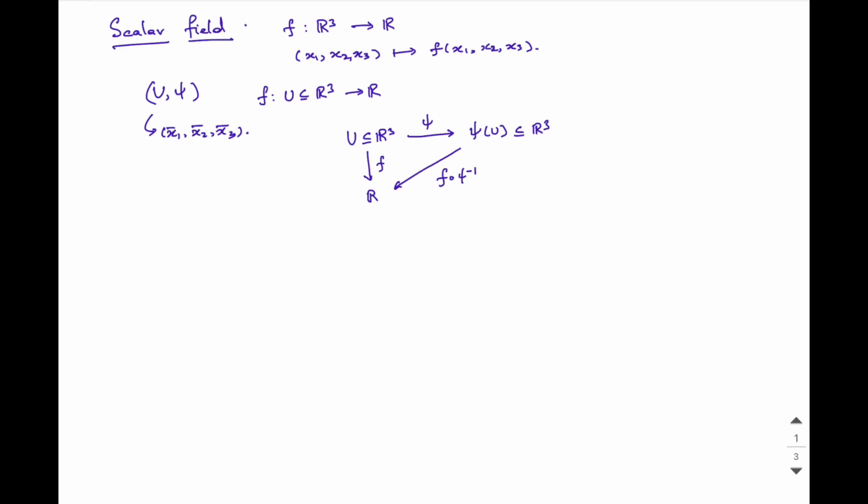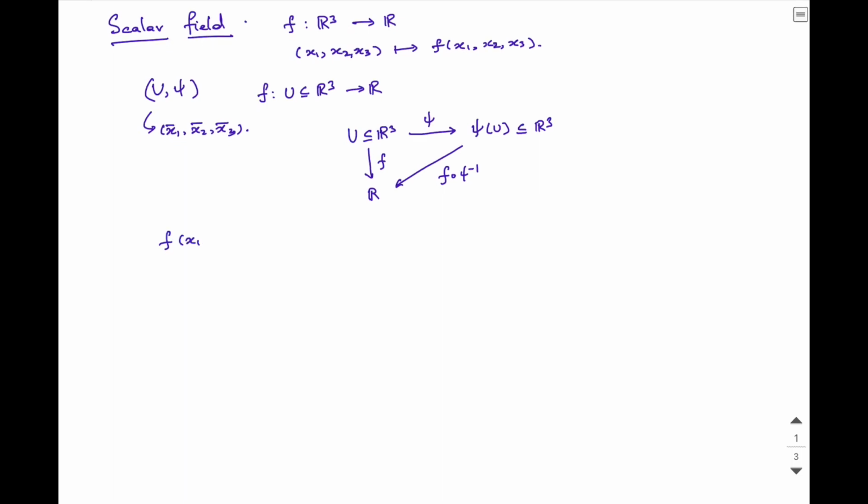And if you follow the commutative diagram, it tells you that f of x1, x2 and x3, which is basically this leg of the commutative diagram, equals f after psi inverse of x1 bar, x2 bar and x3 bar.